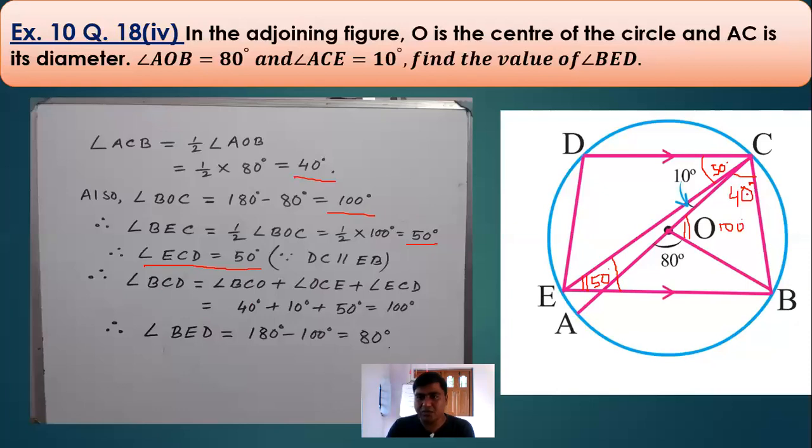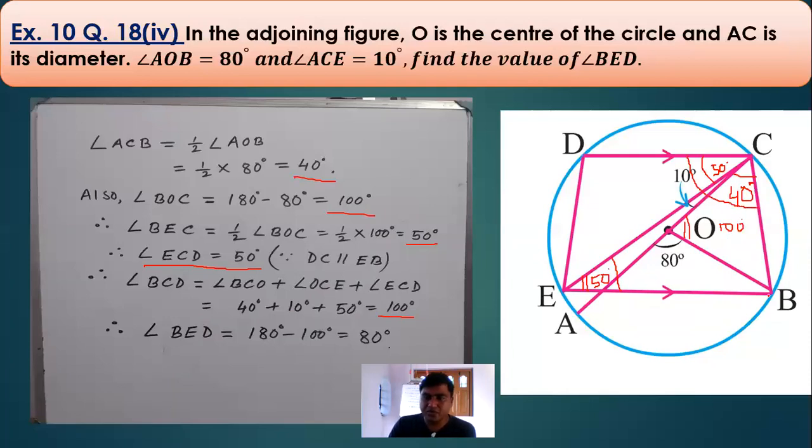So therefore, angle BCD, the whole angle, is the sum of three angles: 40 degree plus 10 degree plus 50 degree, which is 100 degree.